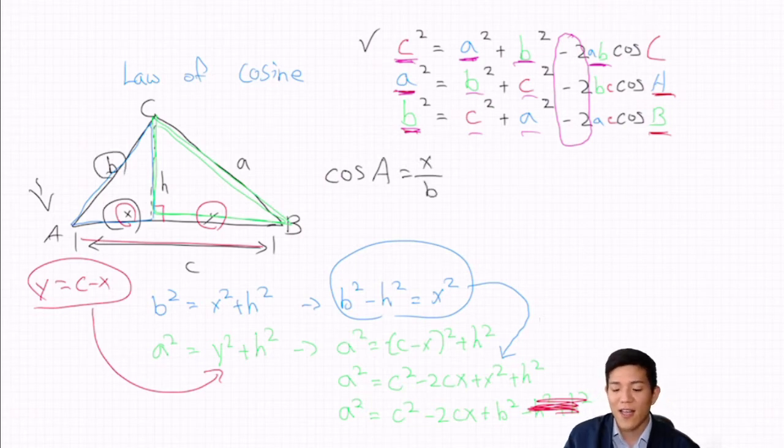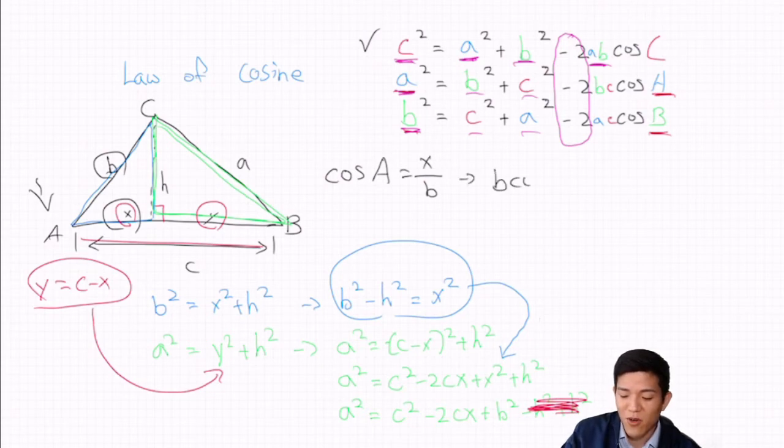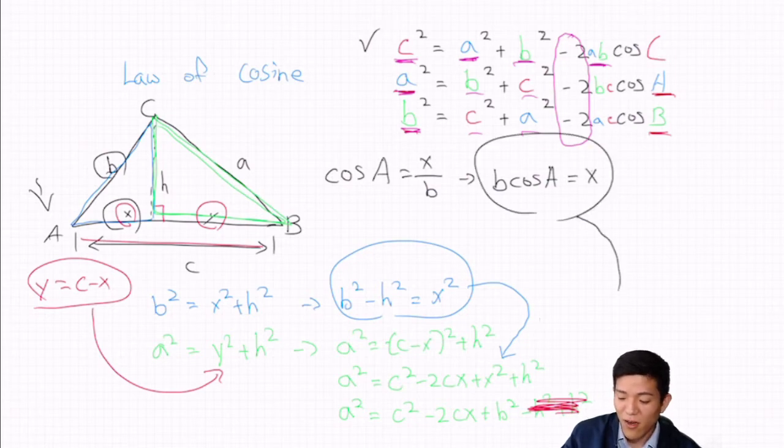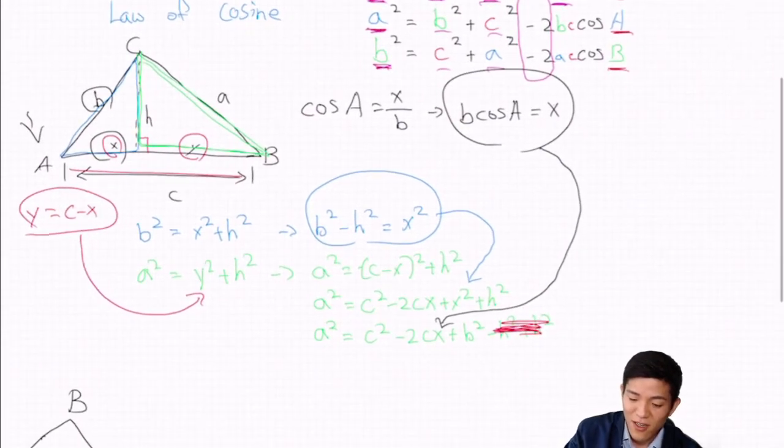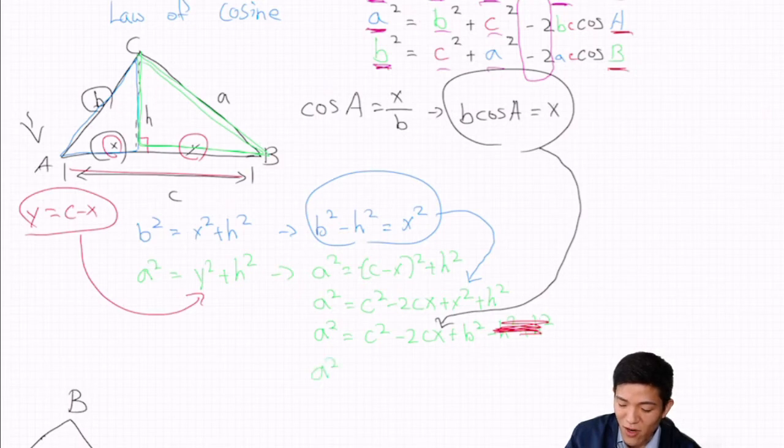And if I solve for x, this becomes b times cosine of A is equal to x. And I'm going to take this whole thing and plug it into this x right there. Then I have a new equation that gives me a squared is equal to c squared minus 2c, and instead of x, I write b cosine of A, plus b squared.